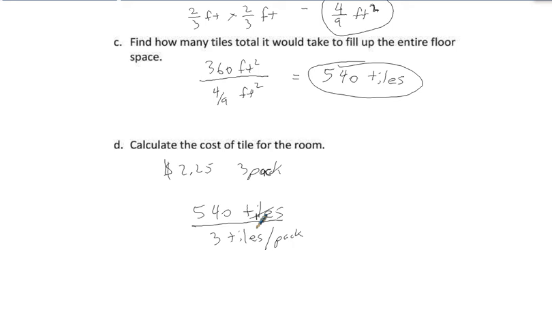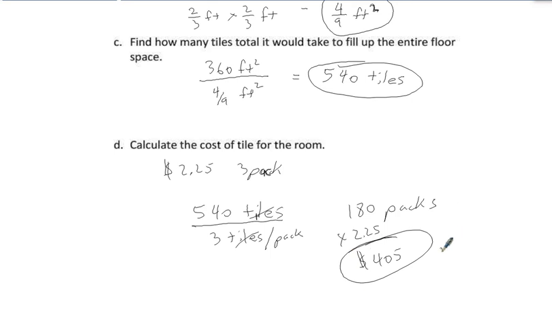The units tiles are going to cancel, and we're going to be left with 540 divided by 3, or 180 packs of 3 tiles. Each pack is $2.25, so we multiply by $2.25, and that gives us a total of $405 total to floor the room in material cost only.